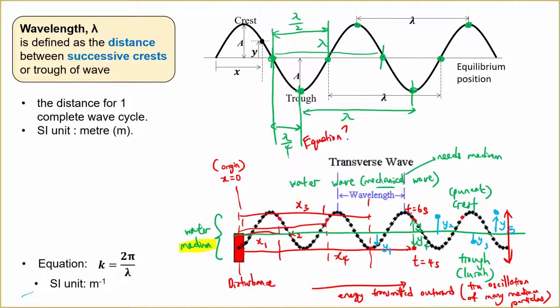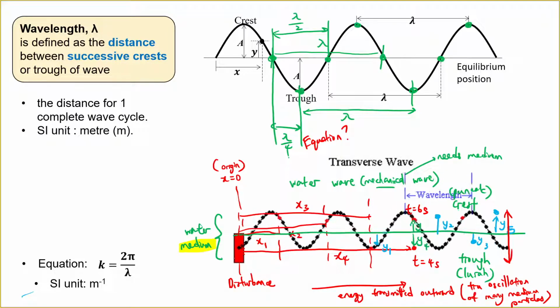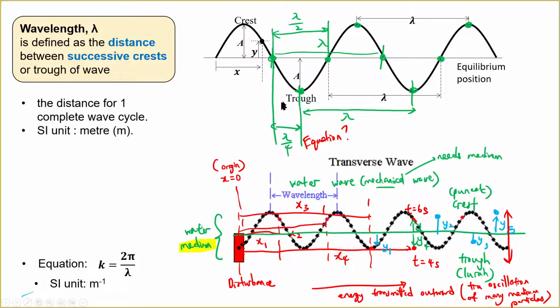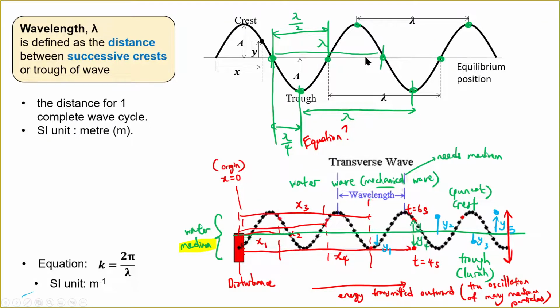Lambda over 4, right? So I want you to look first because this will come out later too. Okay, from here to here is lambda over 4. Okay, very good, very good.